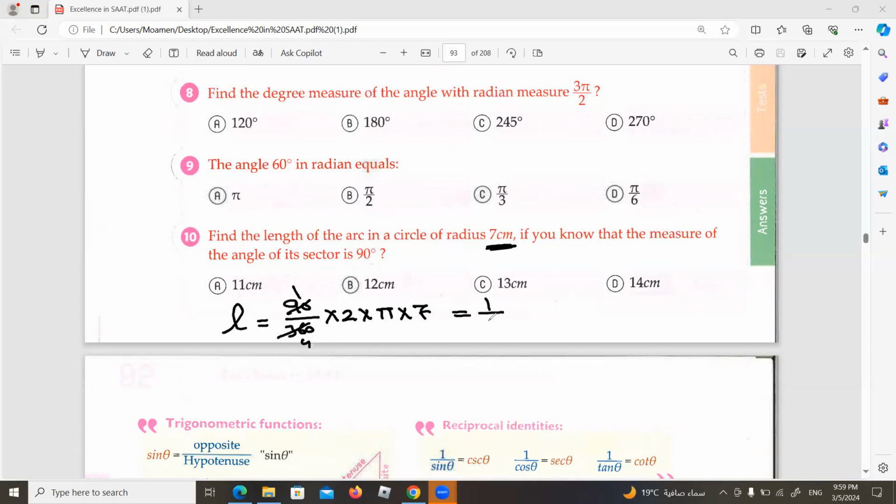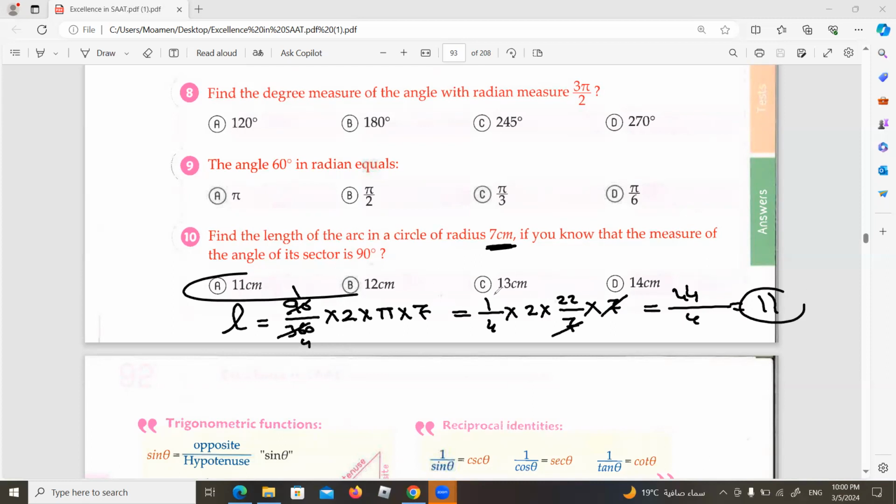So it's 1 over 4, multiplied by 2, multiplied by 22 over 7, which is pi. Cancel now. So the result will be 22 times 2, all divided by 4. 22 times 2 is 44, divided by 4, equals 11. We get the result.